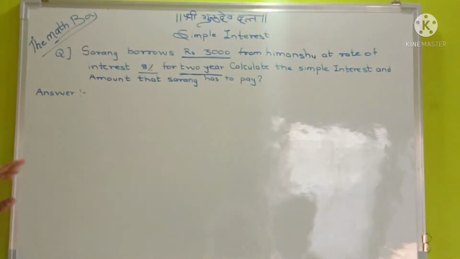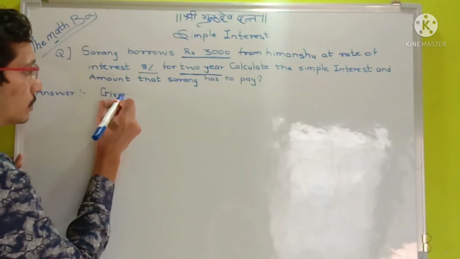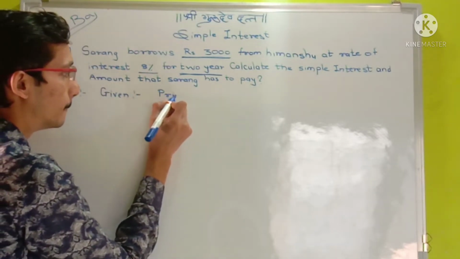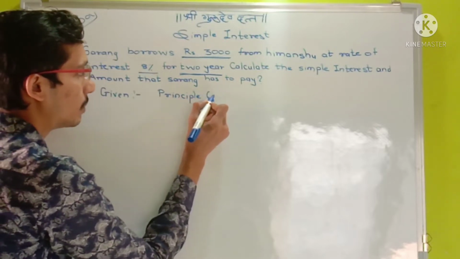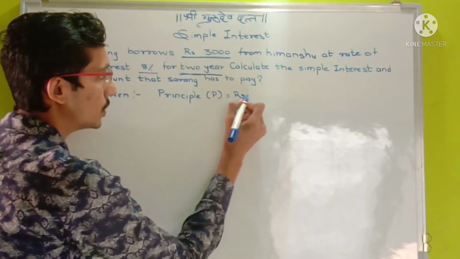So first we write the given data. What have we been given? Principal P equals rupees 3,000.